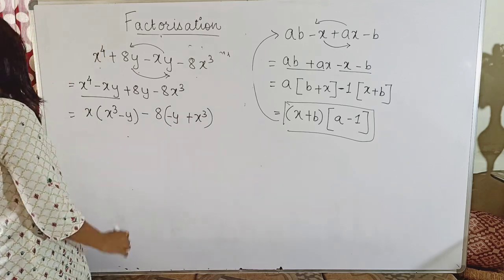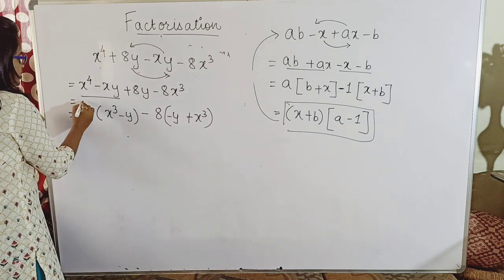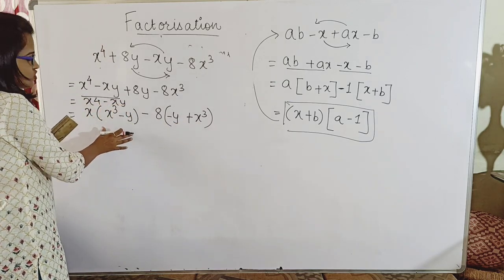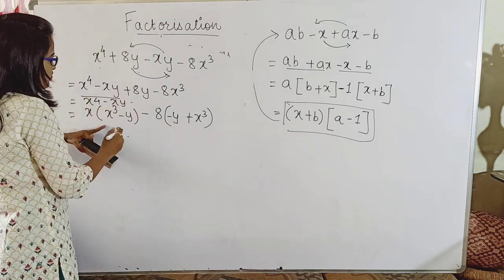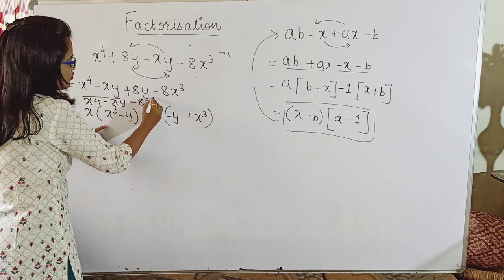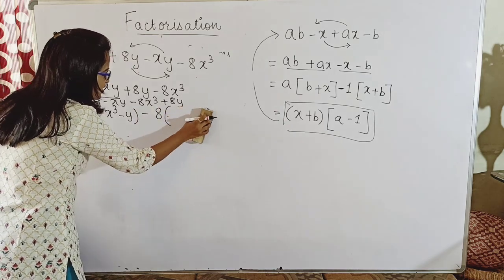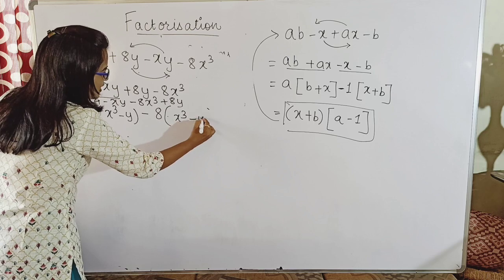Okay, again you could write it interchangeably also. How? This, keep it as it is. Why am I doing this? So that you will not get confused whether the brackets are same or not. So instead of writing it as 8y minus 8x cube, write minus 8x cube first and then write 8y. And now if you take minus 8 as common, x cube minus y will remain in the bracket.